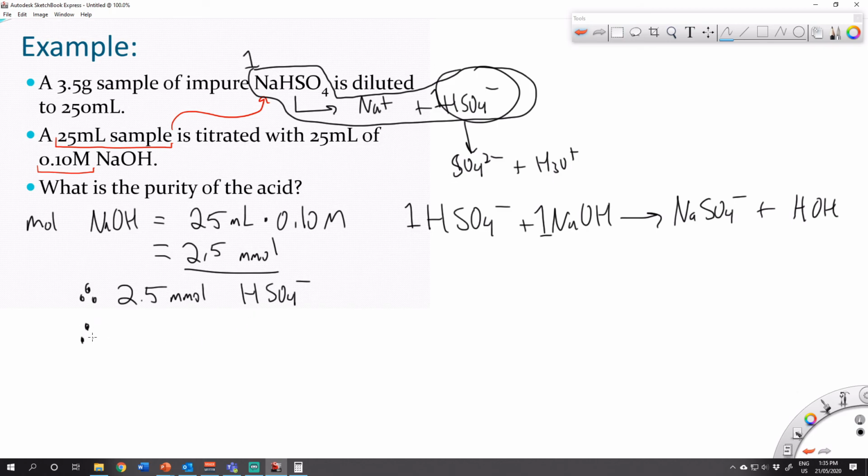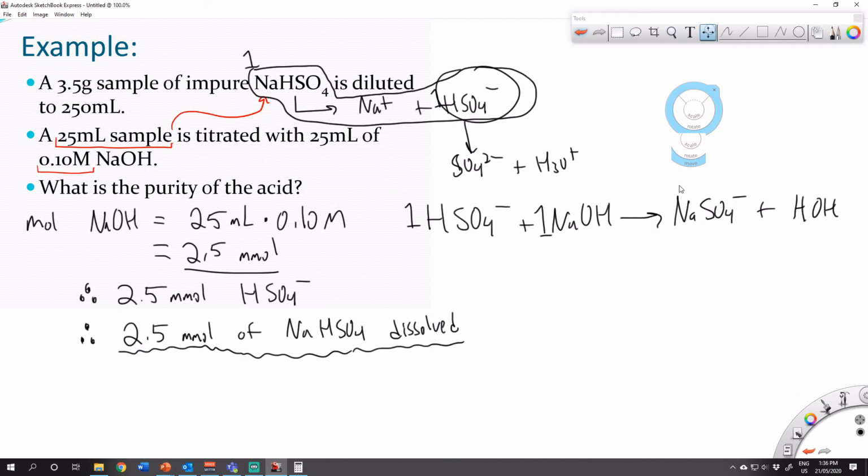So this tells me that I've got 2.5 millimoles of NaHSO4 dissolved.